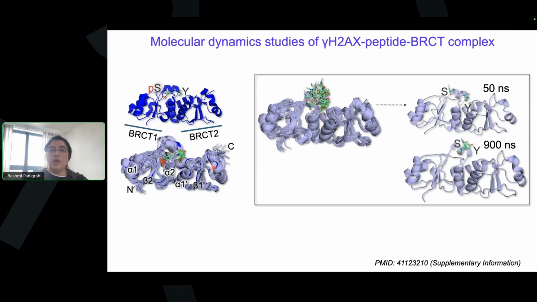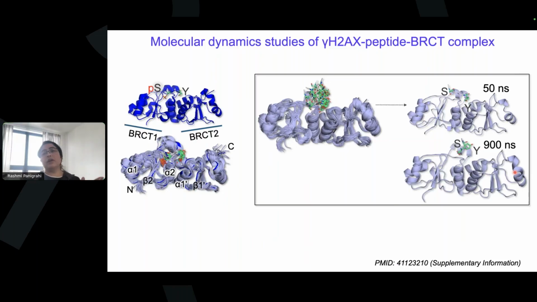However, when we performed a control simulation, that is, we removed the phosphoserine and placed a serine instead, so removing the phosphorylation, in no time the serine popped out, as well as the tyrosine. So basically, the peptide and protein moved away from each other. However, there was no structural change whatsoever in the protein, so the BRCT domain was intact.